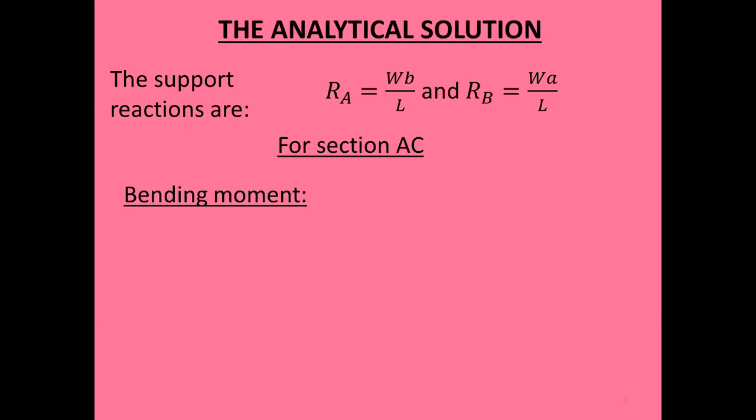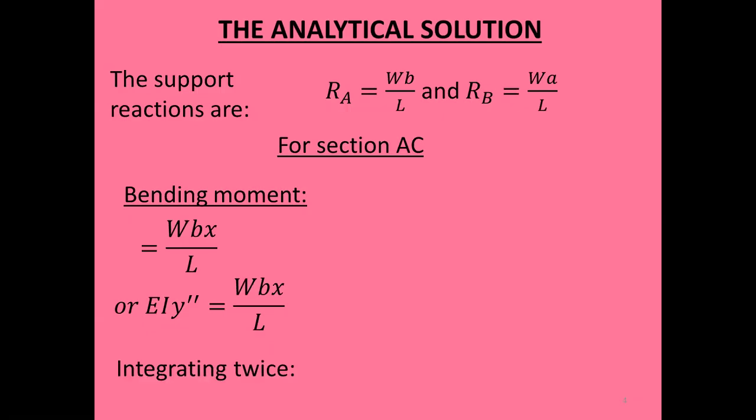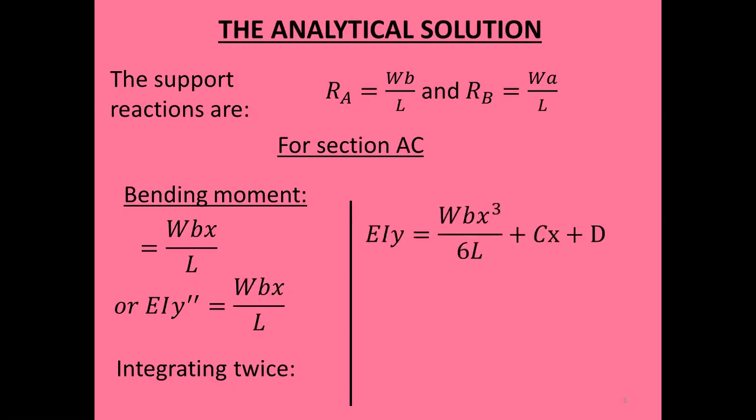For section AC, the bending moment is simply the reaction at point A, RA, multiplied by x, which when substituted in the governing equation and integrated twice gives the cubic polynomial which is on display.